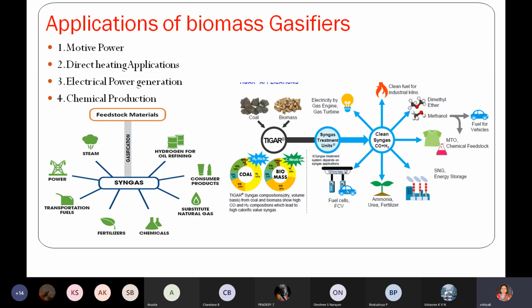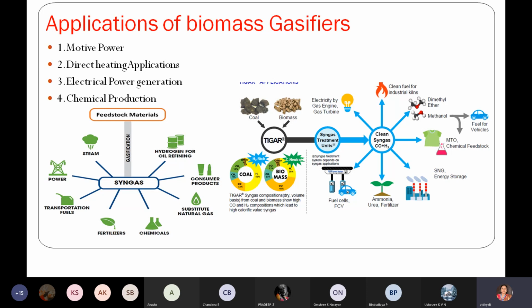Gasifier products are used to provide shaft power to industrial and agricultural equipment and machinery, such as diesel engine operation, water pumps, tractors, and harvesters running on high efficiency Stirling engines.